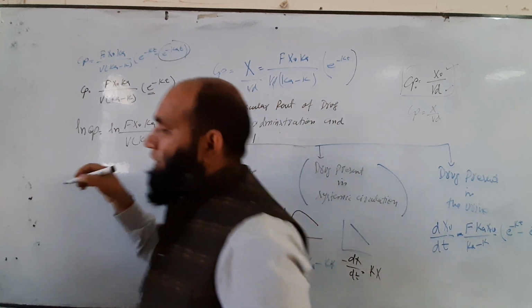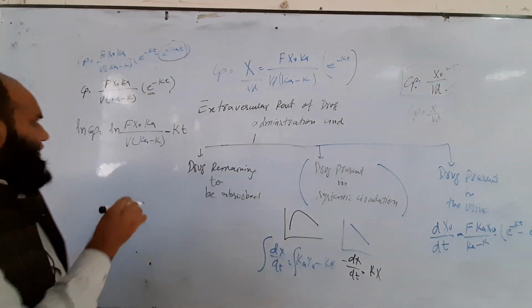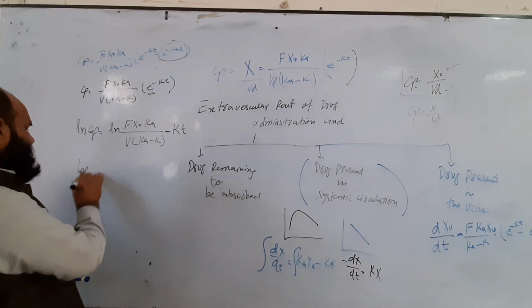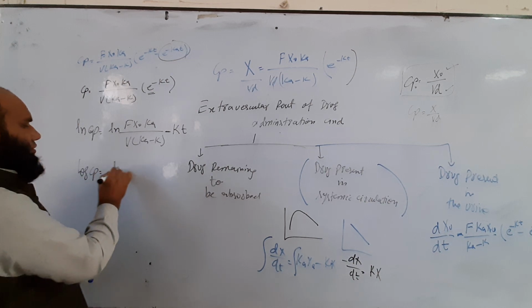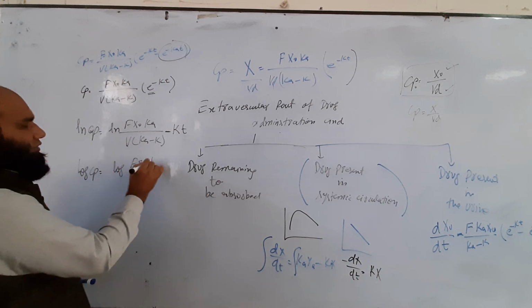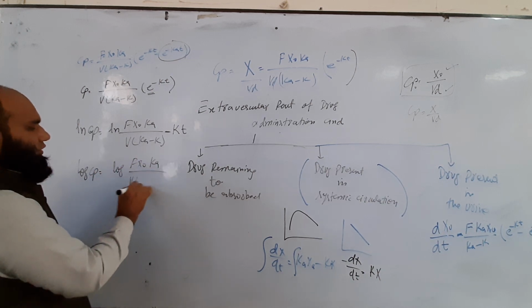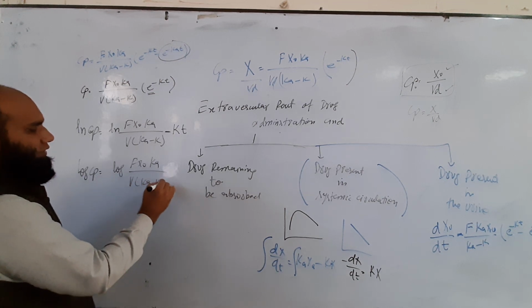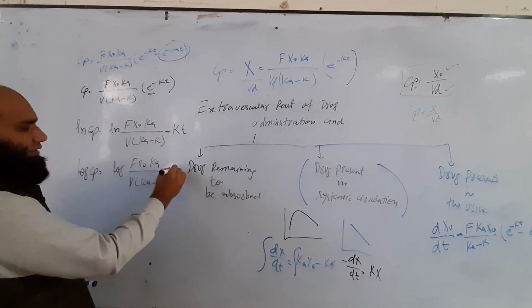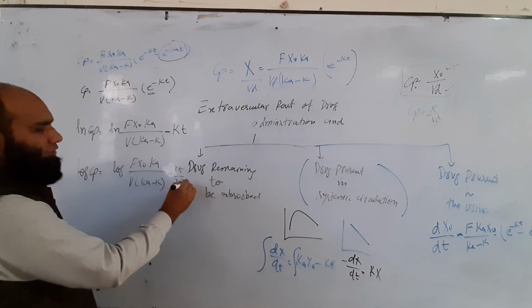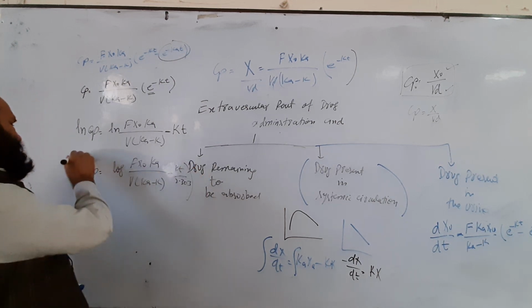We can also write it in log form: log Cp is equal to log of Fx naught Ka over V into Ka minus K, minus Kt over 2.303.